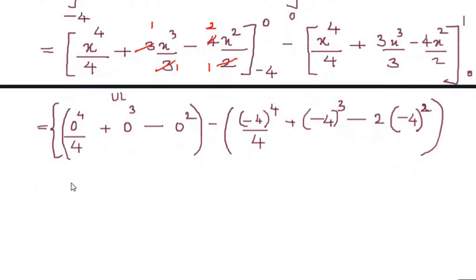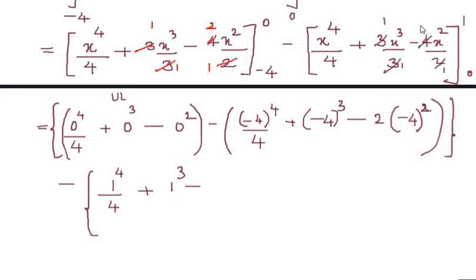Now coming to the second term, it is minus. Again I am going to use the upper limit first for the substitution. So I have 1 to the power of 4 over 4 plus 3 and 3, again it has got cancelled here, so it is only x cube, so it is 1 cube, minus again 2 and 2.